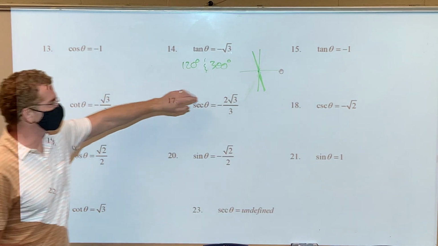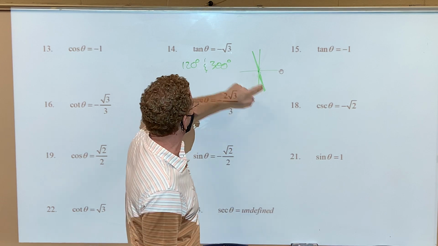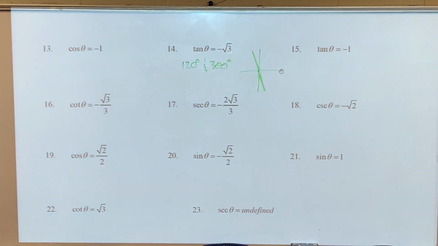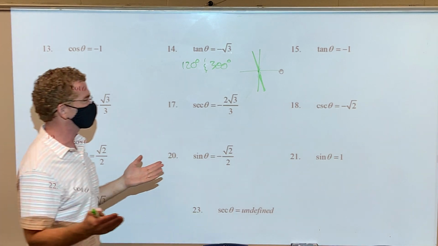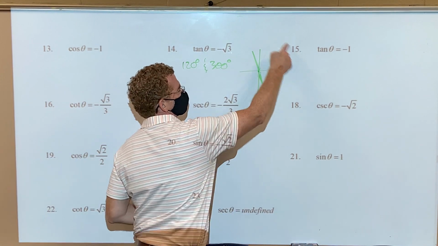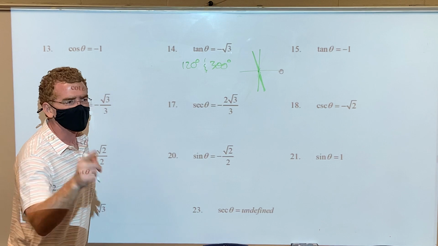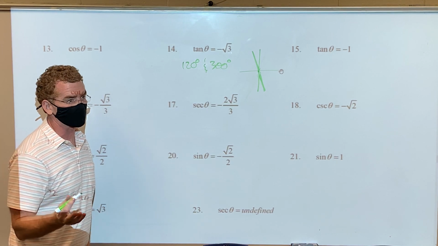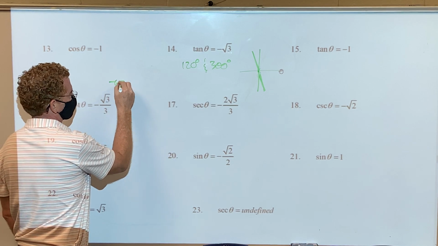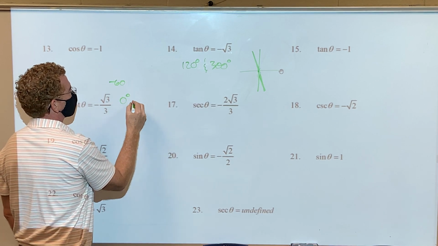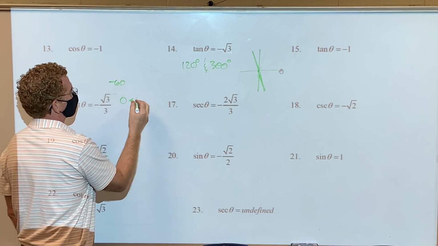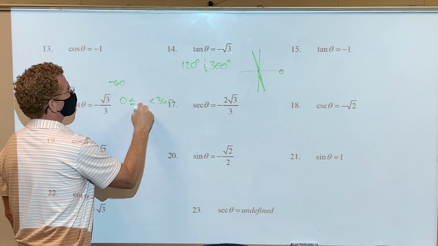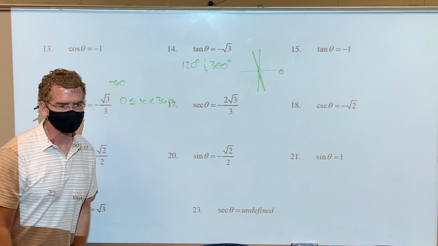And again, don't write negative 60. It's not because negative 60 wouldn't work normally, but because they gave you that defined region. I know a lot of people get in their heads, like, wait a minute, negative 60, that's between 0 and 360. If I asked you that question 4 years ago, in 7th grade, is negative 60 in between 0 and 360, no 7th grader on the planet would say yes.